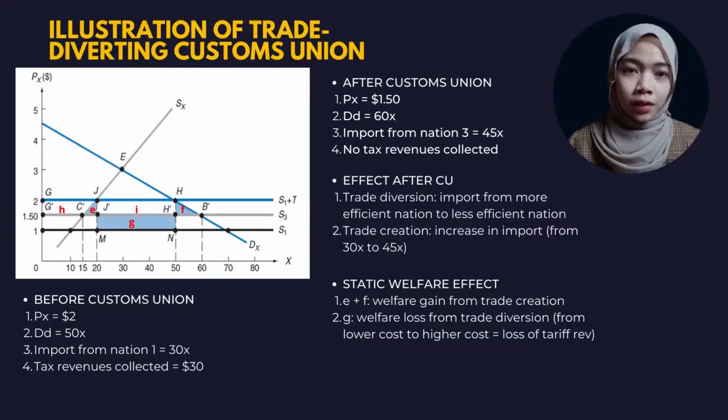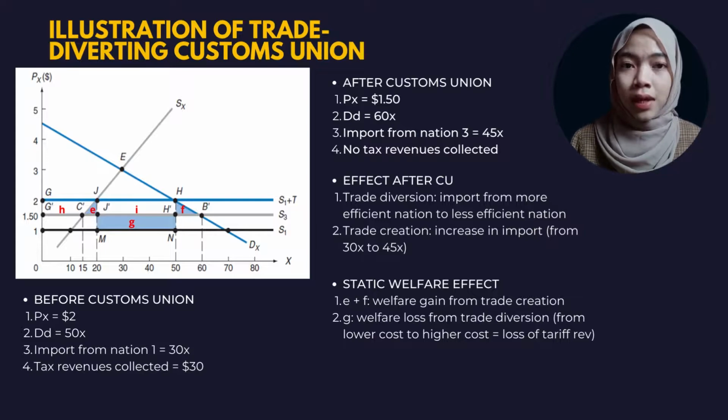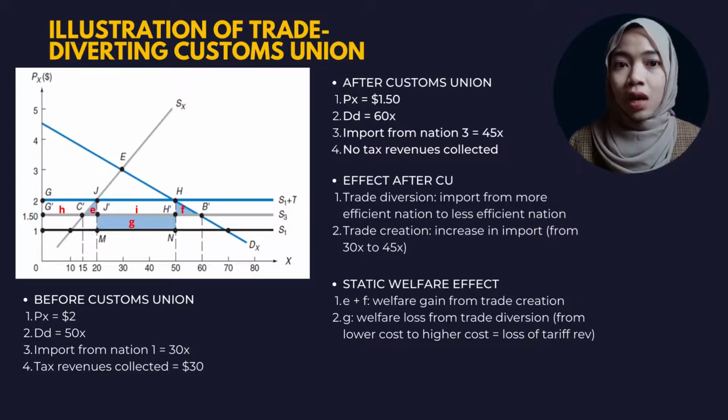From the figure, DX and SX are nation 2's domestic demand and supply curves of commodity X, while S1 is the free trade perfectly elastic supply curve of nation 1, and S3 is the free trade perfectly elastic supply curve of nation 3.